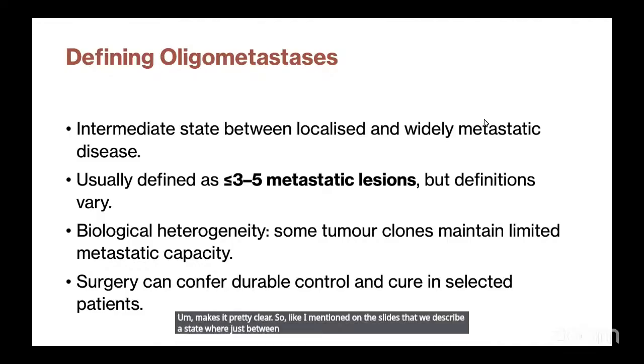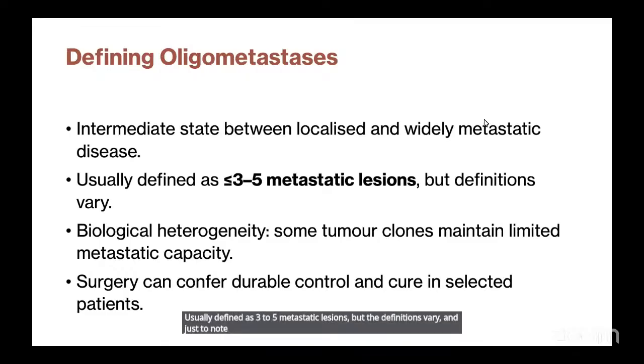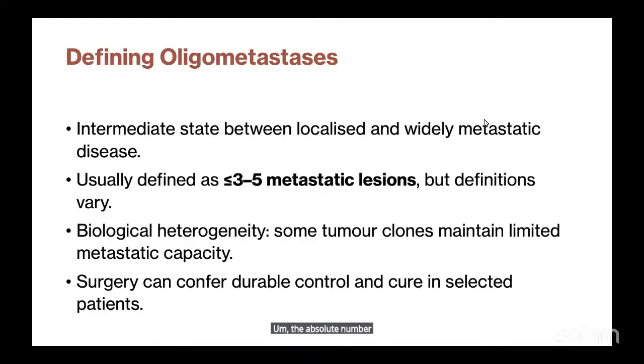Like I mentioned on the slide set, we describe a state just between localized and widely metastatic tumors, usually defined as 3 to 5 metastatic lesions, but the definitions vary. And just to note, while the definitions do vary, the absolute number is not as important as the biology of the tumor and the anatomical ability to resect these metastatic lesions.